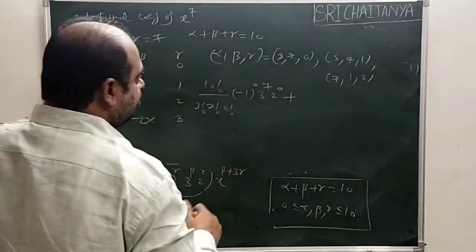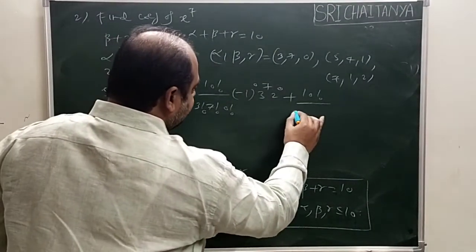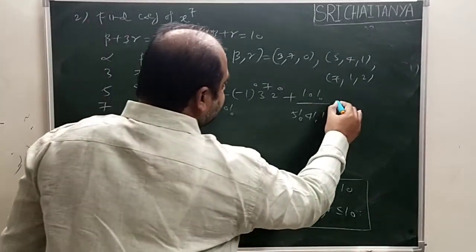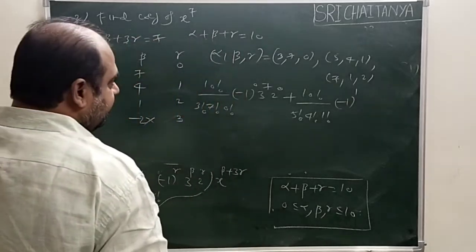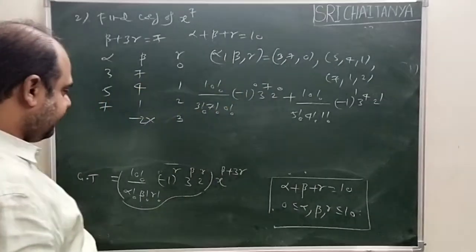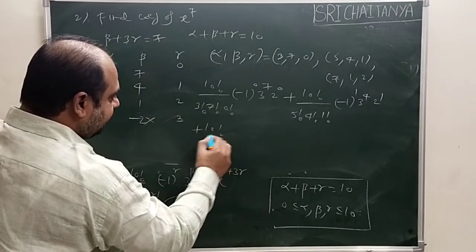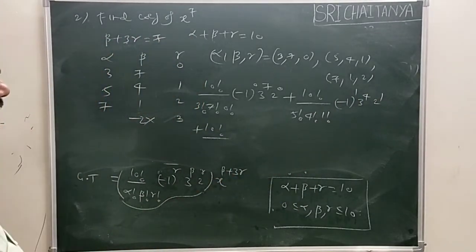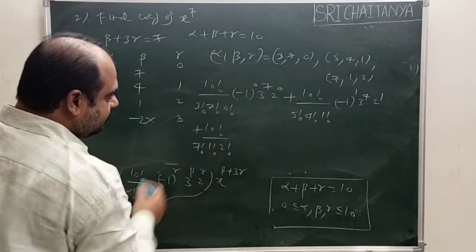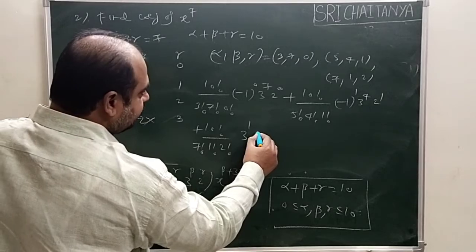So you will get one more coefficient, 10 factorial divided by 5 factorial into 4 factorial into 1 factorial into minus 1 whole power gamma into 3 to the power beta, 2 to the power gamma. Then plus, if you take the last one and substitute, 10 factorial divided by 7 factorial into 1 factorial into 2 factorial into 3 to the power beta, 2 to the power gamma.